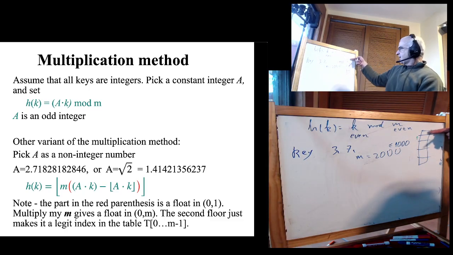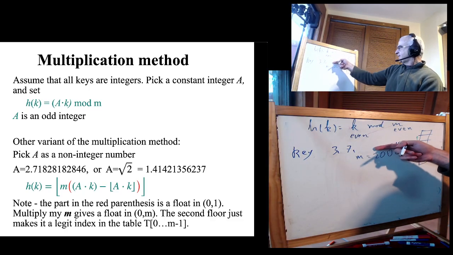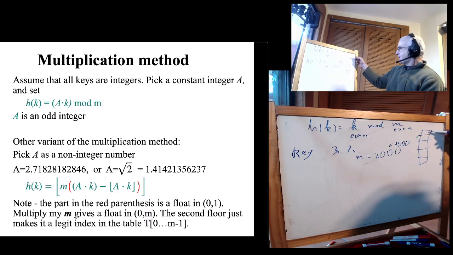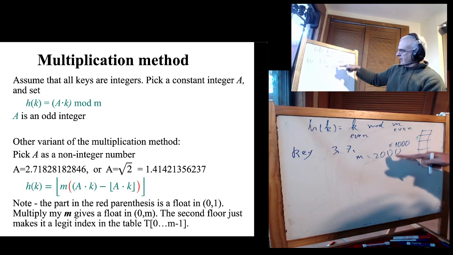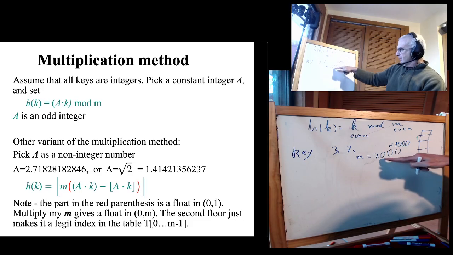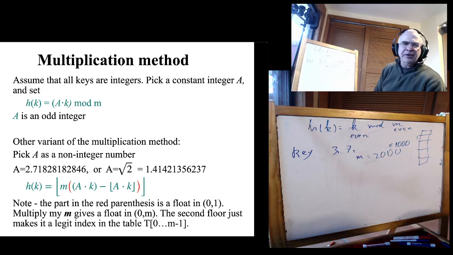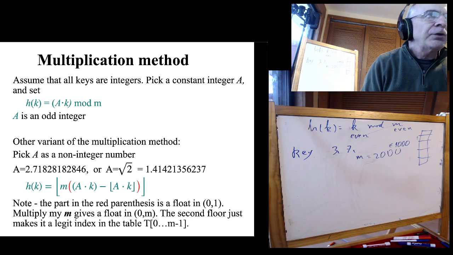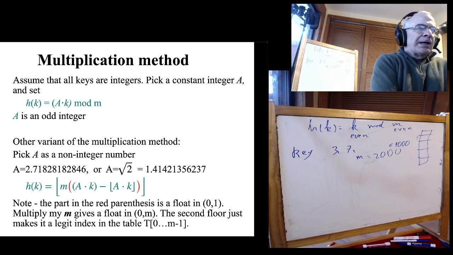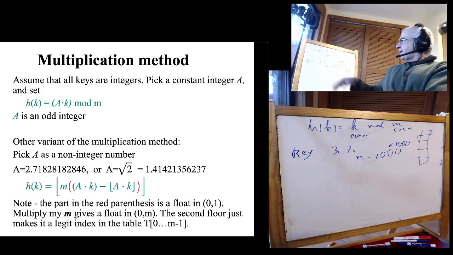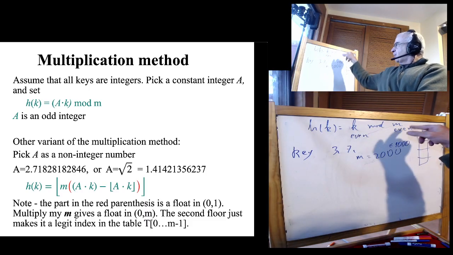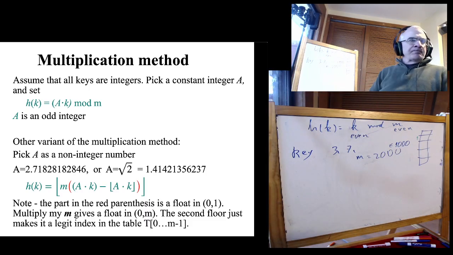What happens? I have plenty of keys that only fill up one part of the table, and all the cells from 1001 all the way to 2000 will never be occupied. So that's another bad thing that can happen if you are using k modulo m directly.